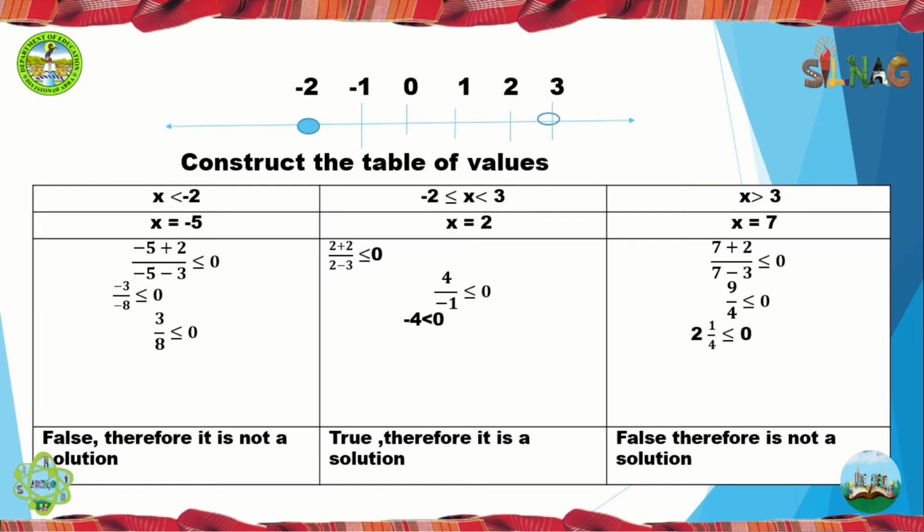So 2 and 1/4 is less than or equal to 0. So the given statement is false because 2 and 1/4 is greater than 0. So we can say now that 7 is not a solution, or the numbers which are greater than 3 are not solutions of the given inequality.